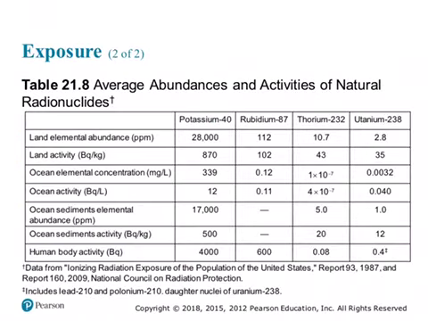So let's look at some average abundances and activities of natural radionuclides that we are surrounded by. The four top are potassium-40, rubidium-87, thorium-234, and uranium-238. Where are they found?